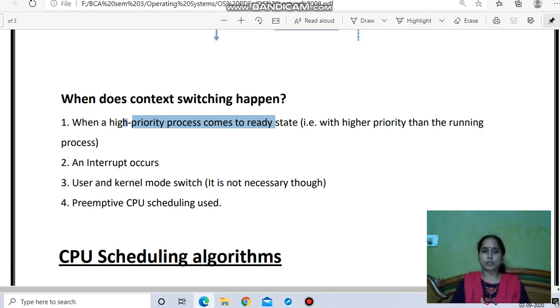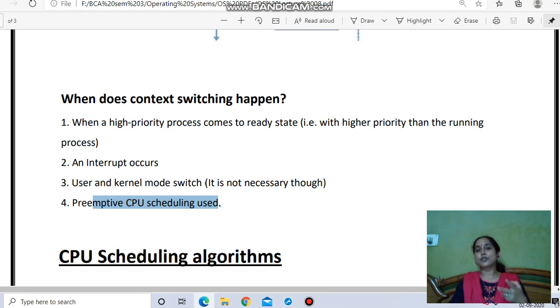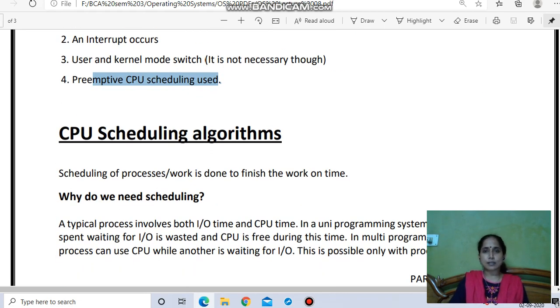So that is context switching. Other reasons are when an interrupt occurs, or a user-kernel mode switch happens, or preemptive CPU scheduling is being used. CPU scheduling algorithms are categorized under 2 broad categories, preemptive scheduling and non-preemptive scheduling, already discussed in previous lectures. That's all for context switching.